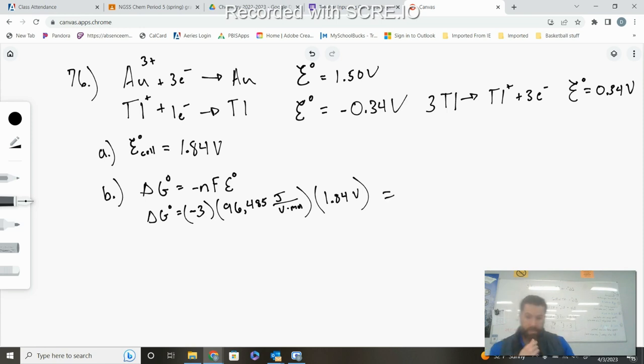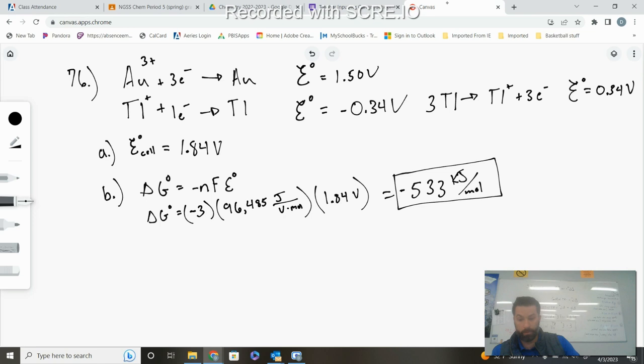Okay, that's easy enough. Just plug and chug. 3 times 96,485 times 1.84. Now I'm just immediately going to change to kilojoules. Negative 533 kilojoules per mole. So there is my Gibbs free energy.